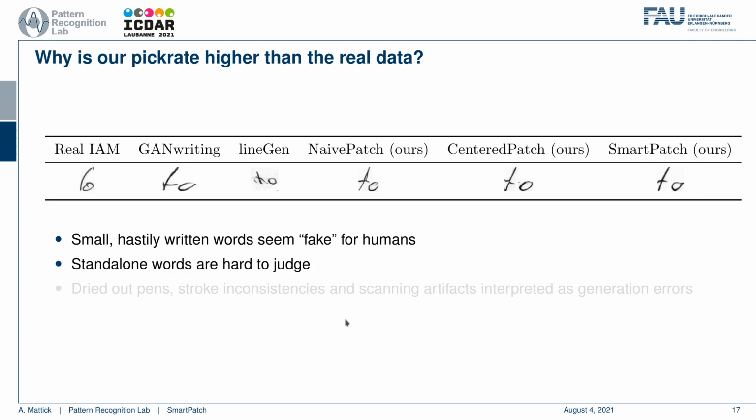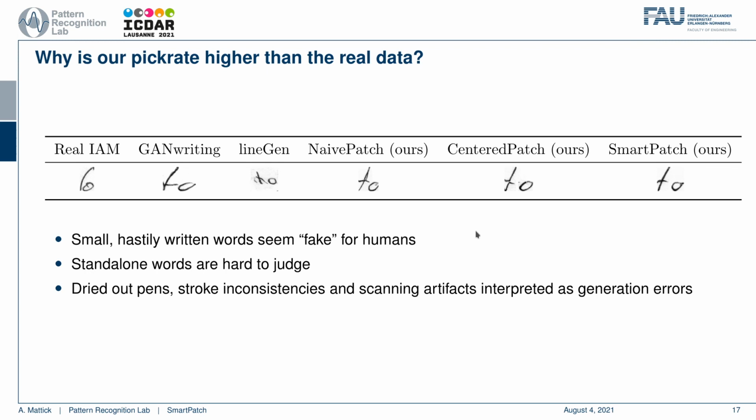Now, if you give people the task of judging which one is real, standalone without further context, they're just going to look at it and see, here the horizontal line is missing, here it is there, so this one is going to be the real one. Further, things like dried out pens and stroke inconsistencies, which happen in the real data too, may just randomly elevate one dataset over the other, and this is just more apparent in small words.